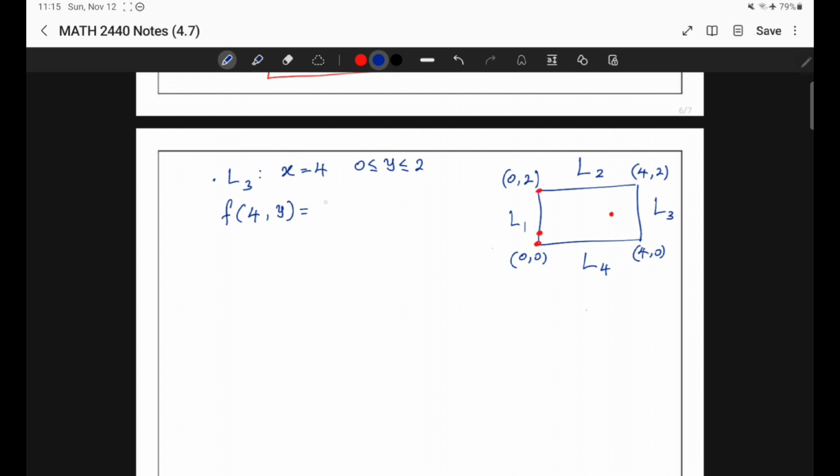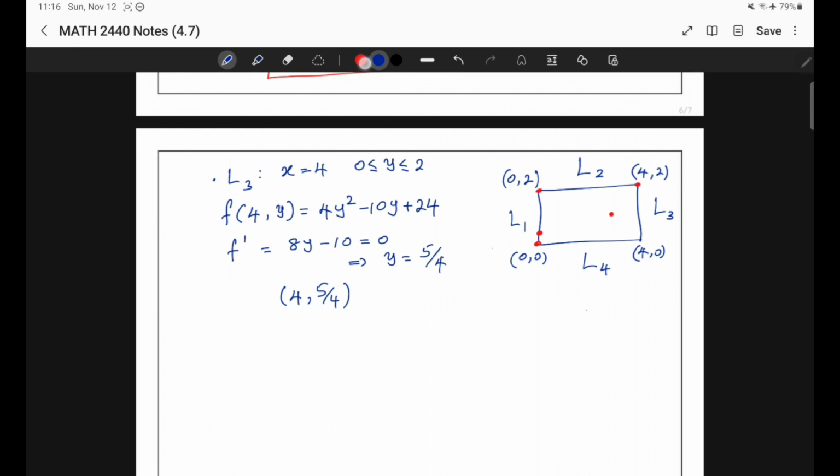You should get 4y squared minus 10y plus 24. So to find the maximum or minimum, you find the derivative, make it equal to 0, and you get y equals 5 over 4. So the point is (4, 5/4).